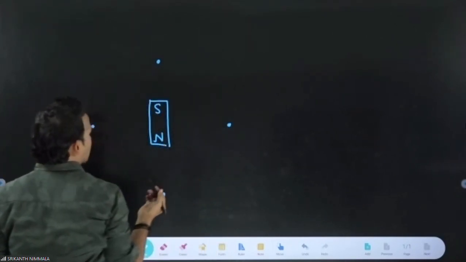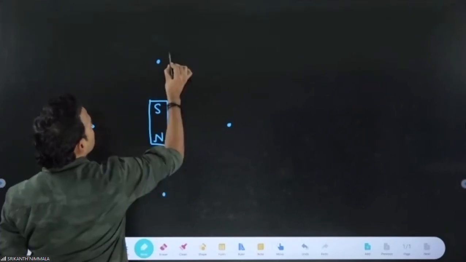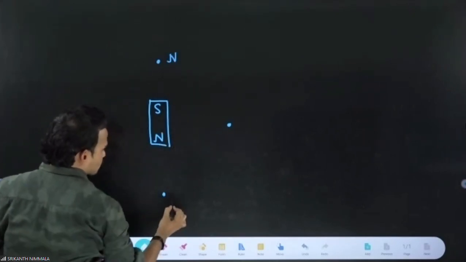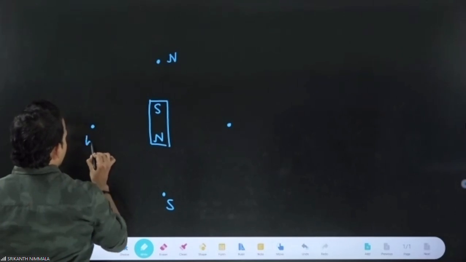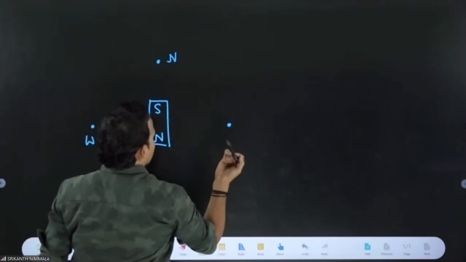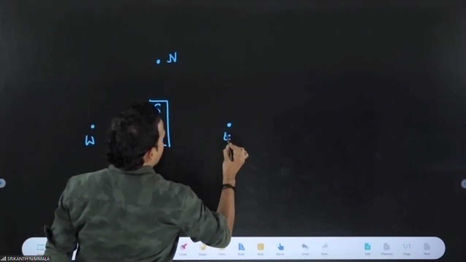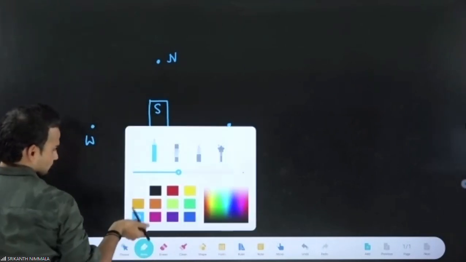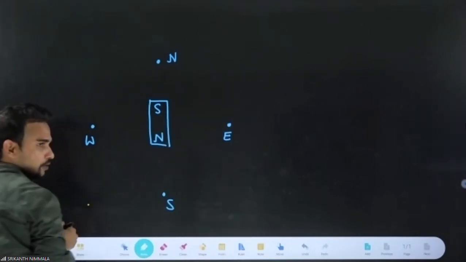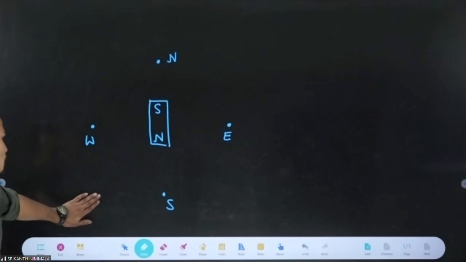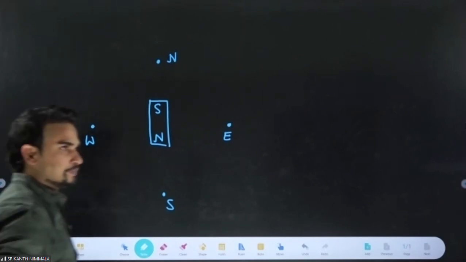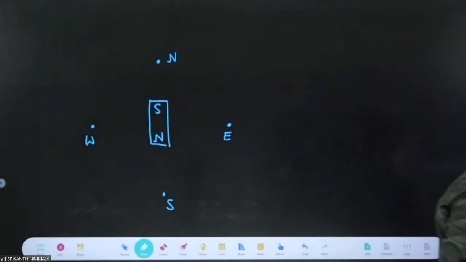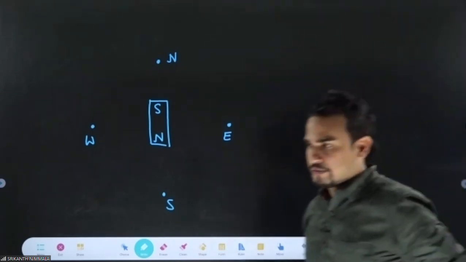A bar magnet is placed such that its south pole faces north direction and its north pole faces south. Find the location of the null point. You have to tell me whether the null point will exist in east-west or in north-south.